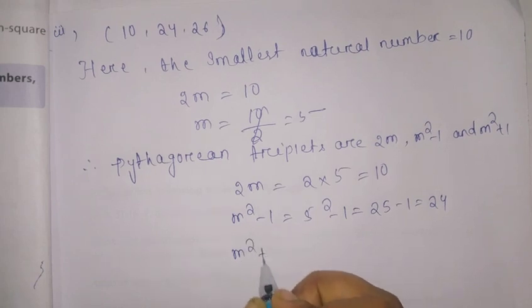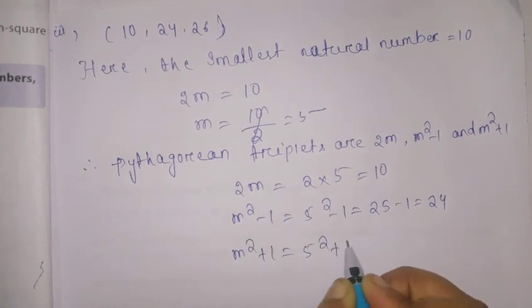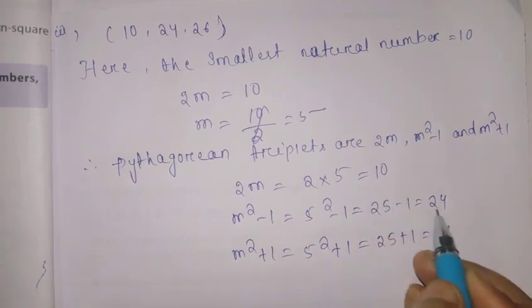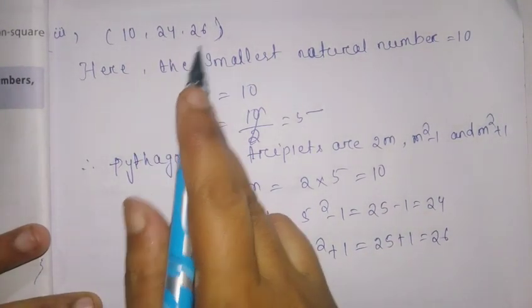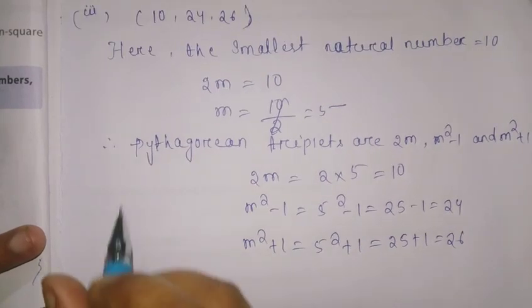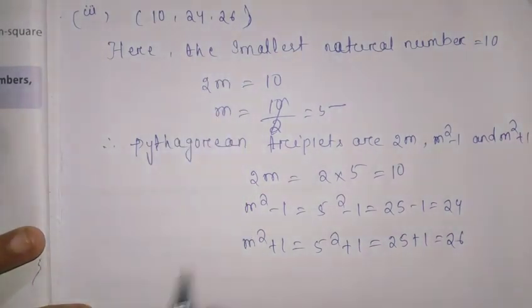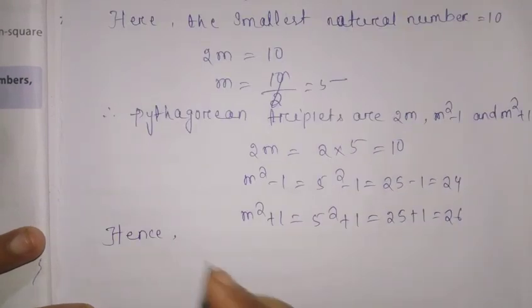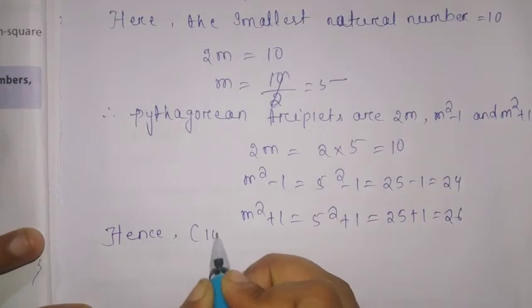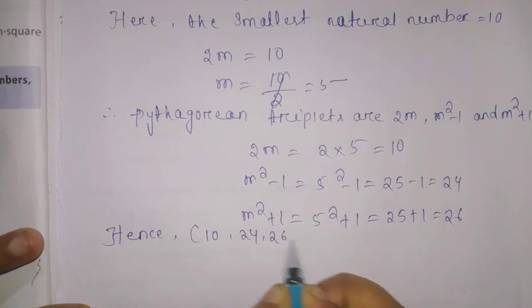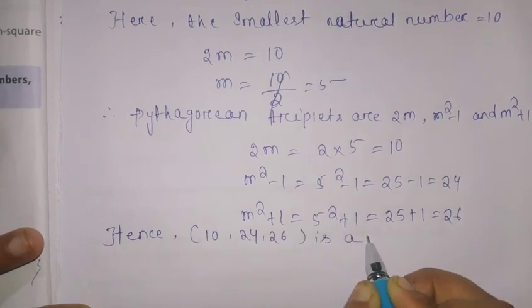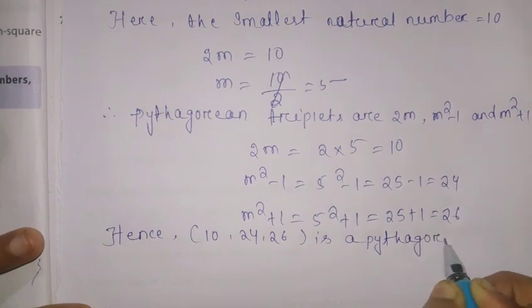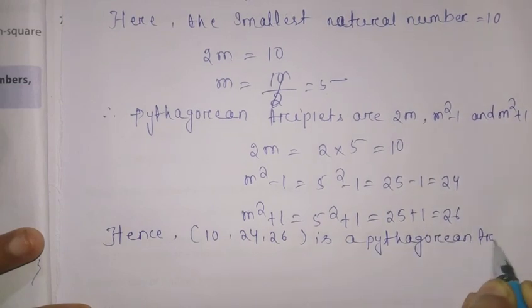Then m square plus 1 equals 5 square plus 1 equals 25 plus 1 equals 26. We find 10, 24 and 26. So 10, 24, 26 is a Pythagorean triplet.